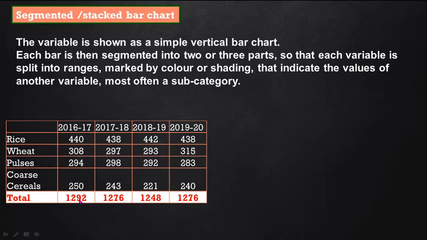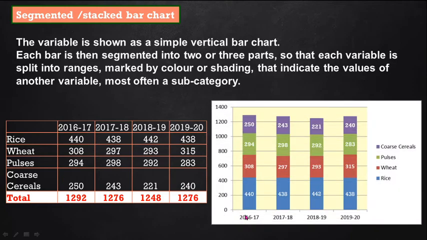Now, this is divided into different categories. So, we plot 1292 as the first bar, and again it is divided into subcategories. Each category will represent the particular crop. So, here we can easily compare the total area under cultivation in a year. Also, we can compare the subcategories over the years.